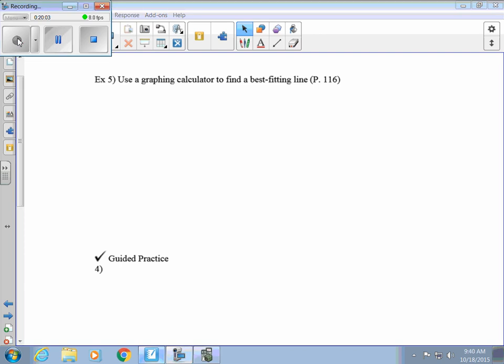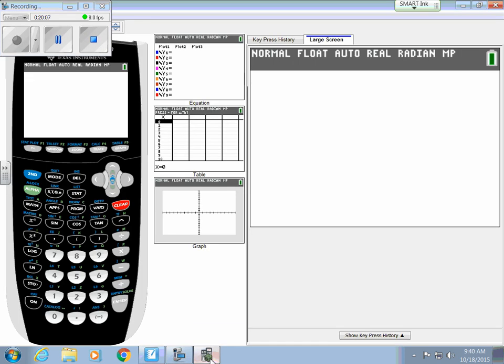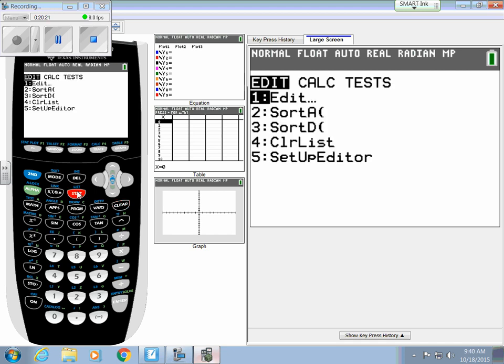All right, I'm going to pull up the graphing calculator on the smart board here. So make sure that you have yours, and we're going to go through how to do this. First of all, we want to enter the data into two lists. You're going to press your stat button. Here's our stat button.